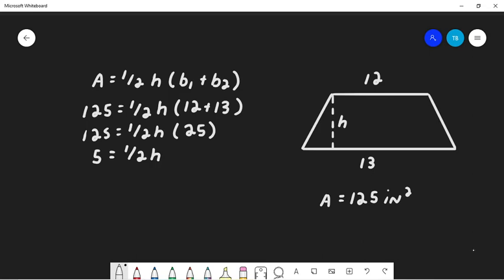And then the next and final step to isolate for h would be to divide both sides by 1/2, which is the same as multiplying by 2. So I'm going to multiply both sides of this equation by 2, and then I will be left with 10 equals h. So the height of this trapezoid, given all of the information that we were given, is 10 inches.